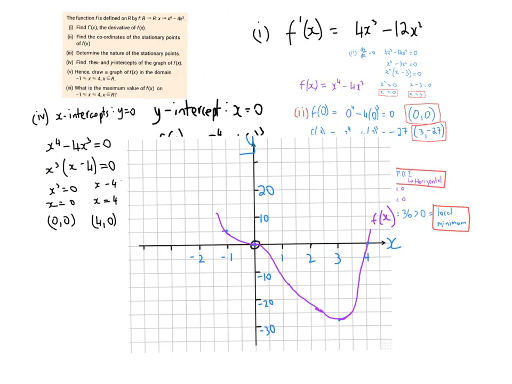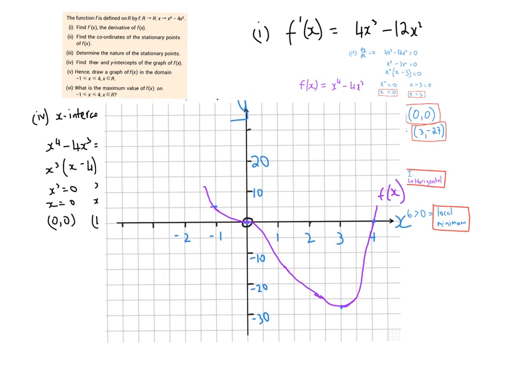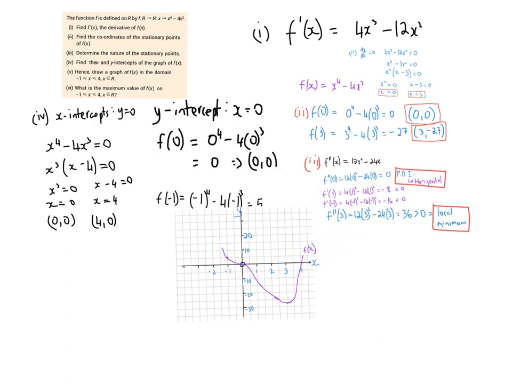Then our last part of our question asks us what is the maximum value of f of x. Well, here we can see on this domain, at 4 it's at 0, and at -1 it was at 5, so that's the highest point, the end point of our graph.